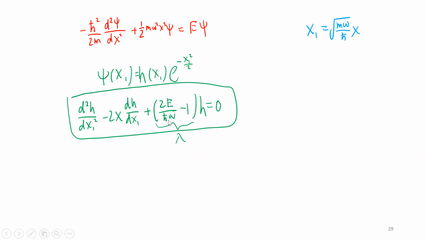Now, you can solve it using the series solution. In this case, we are also interested in the finite polynomial. If I give you the infinite series, it's also a solution, it also satisfies the Schrodinger equation.